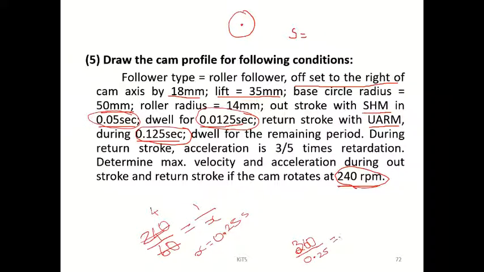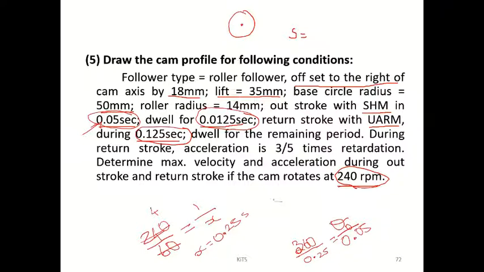On the other side, for outstroke, it is taking 0.05 seconds. So write it here, 360 divided by 0.25 times 0.05 seconds. Here put theta O. Theta O means outstroke.